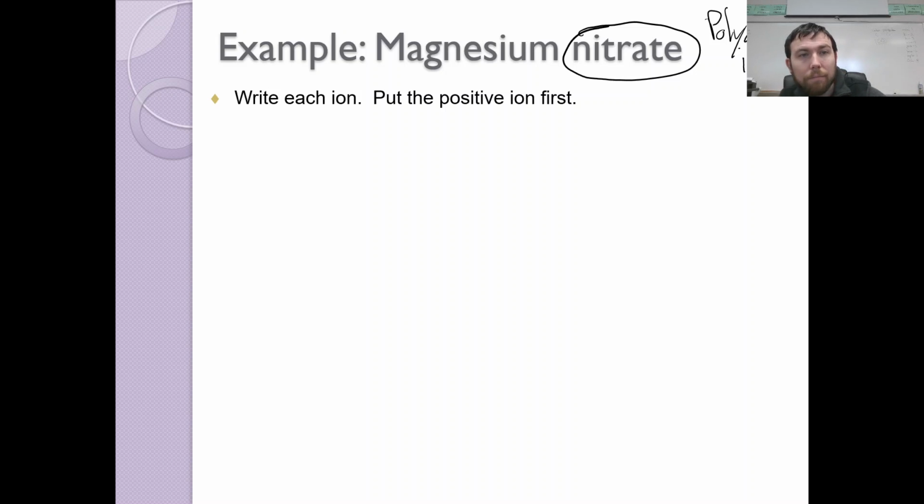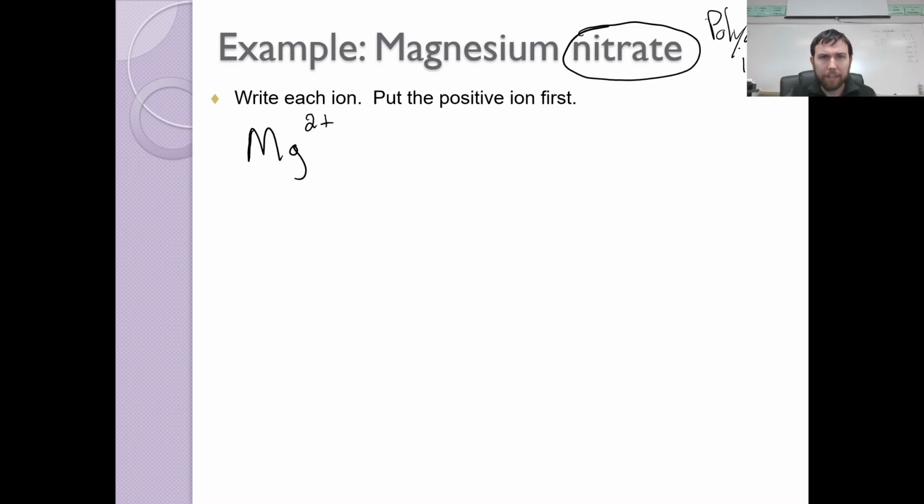Now magnesium is directly on the periodic table. It's in column 2. You look back at that oxidation state slide, and that's going to tell us that we've got a 2+ charge on magnesium because it's in group 2. Now nitrate is one of our polyatomic ions, so we need to look at that list explicitly to pull its chemical formula.